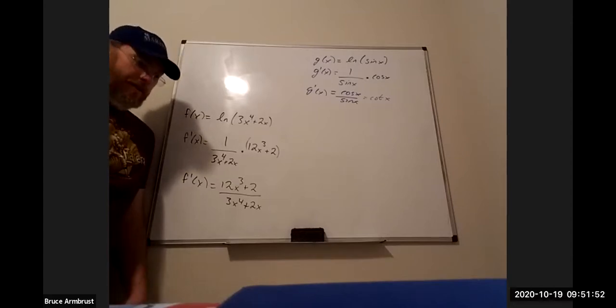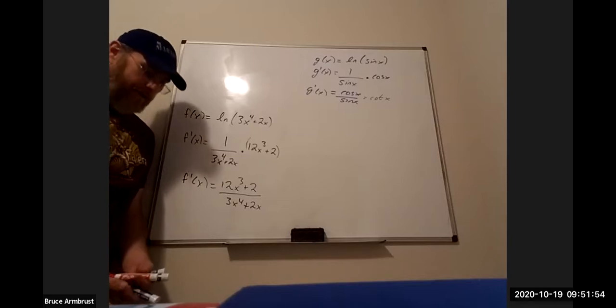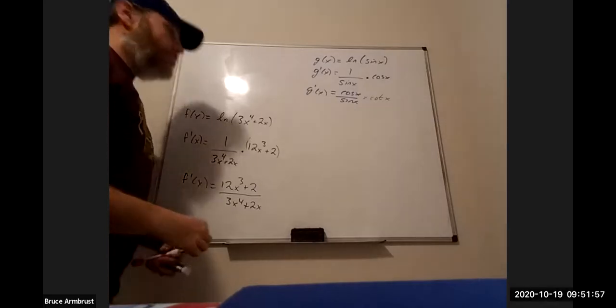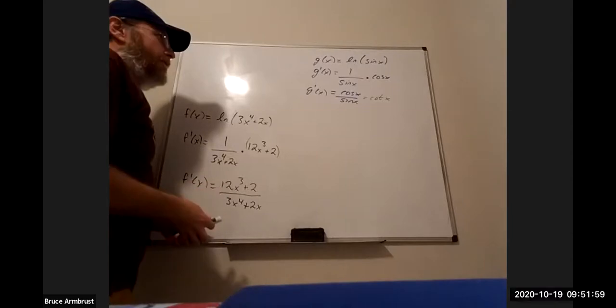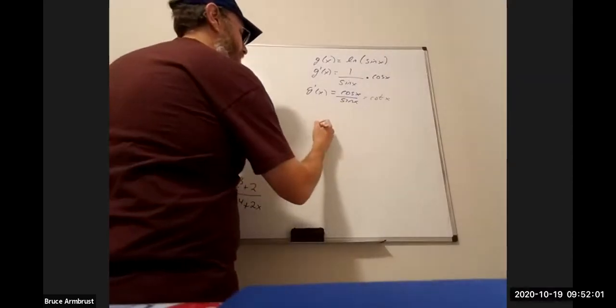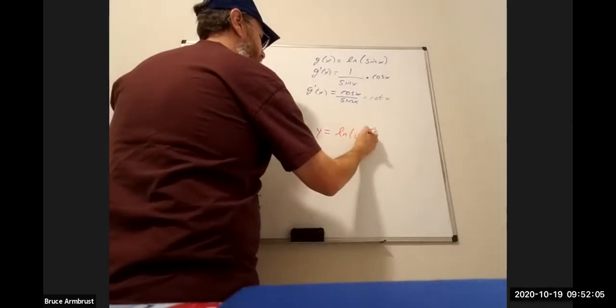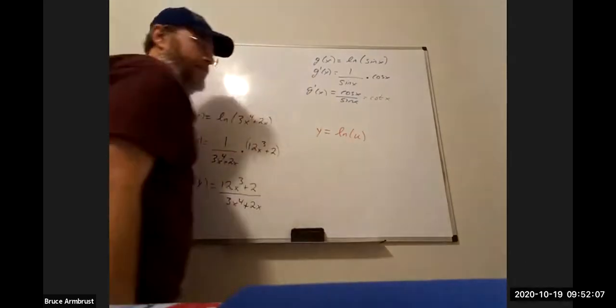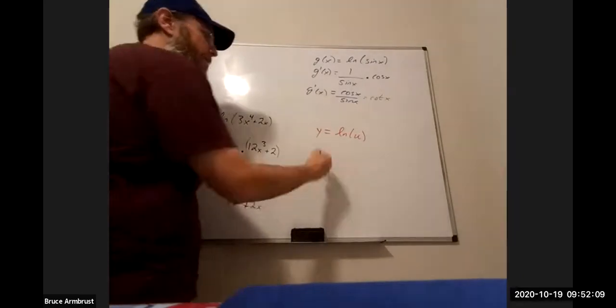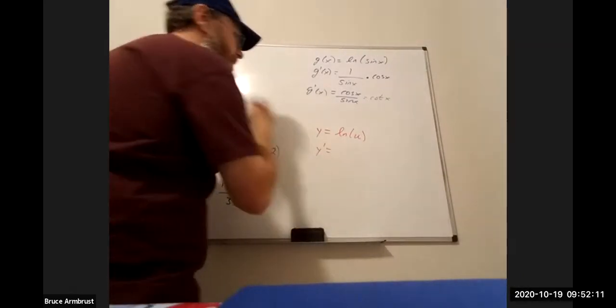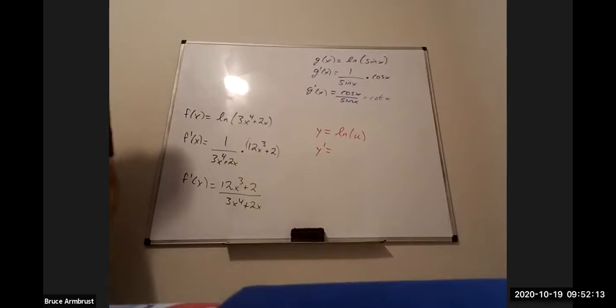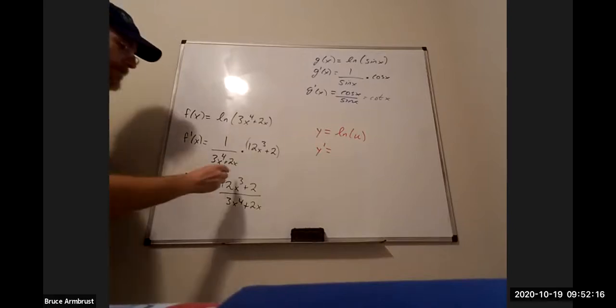But I want you to notice that there's a pattern going on here. If we ever have y equals natural log of stuff, right? Whatever that stuff is, just call it u. Then y prime equals, let's see if you can spot the pattern.